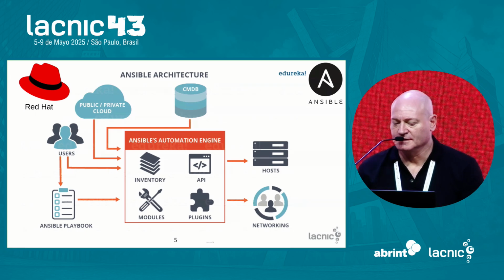You'll find different elements, and basically what we'll have is a heart, a core with these four elements that are the inventory, the modules, the plugins, and the API sort of apps.